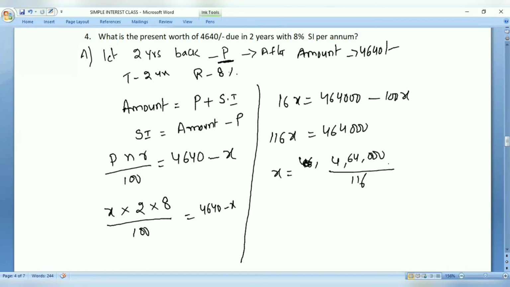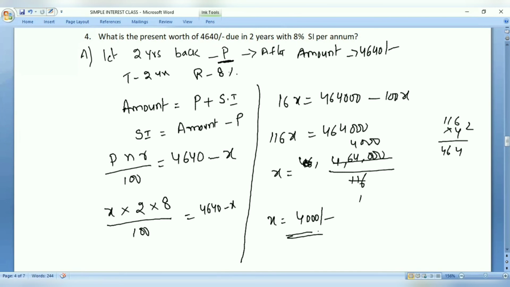Now what is the answer? This 116, if you want to get 4, what are the options? If you multiply 116 with 4, 4 6s are 24, 4 1s are 4 plus 2 is 6, 4 1s are 4. So it becomes 464, and this is 4,000. So what is the value of x? That is equal to 4,000 rupees.